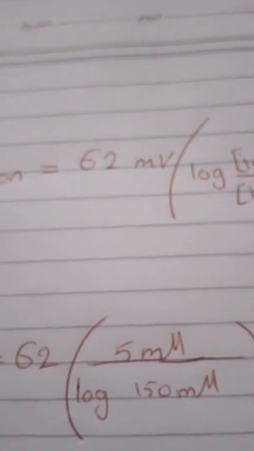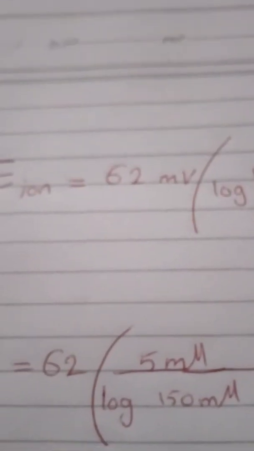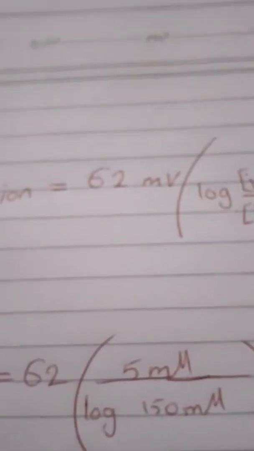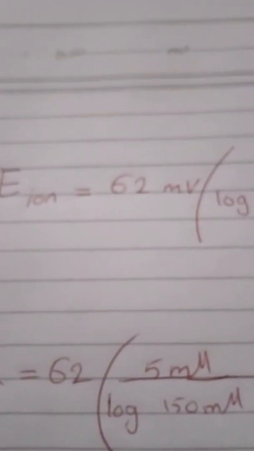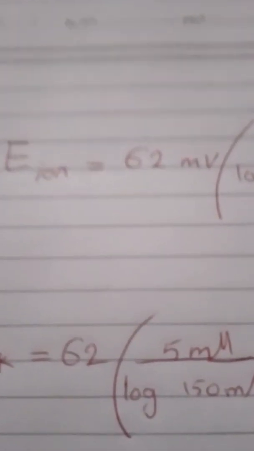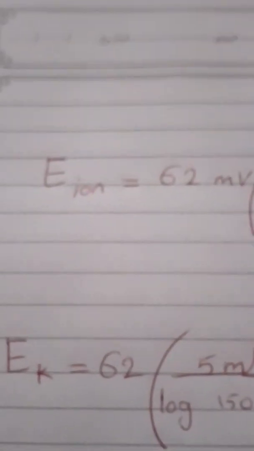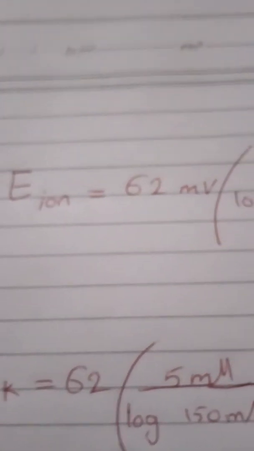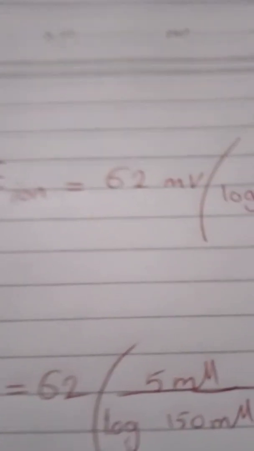Thus, an electrical gradient builds up whose direction is opposite that of the concentration gradient. When the electrical gradient exactly balances the concentration gradient, an equilibrium is established. At equilibrium, there is no net diffusion of K+ across the membrane.